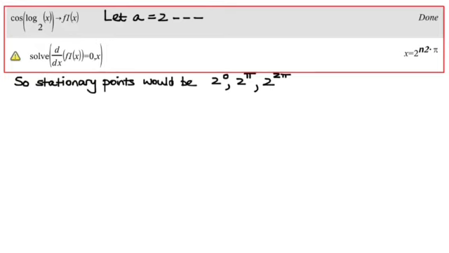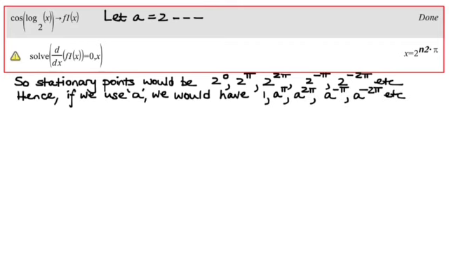Alright? So there, in that instance, we're saying the stationary points would be 2 to the 0, 2 to the pi, 2 to the 2 pi, or in fact 2 to the minus pi, 2 to the minus 2 pi, etc. And hence, if we use a instead of 2, we would get this here, okay?